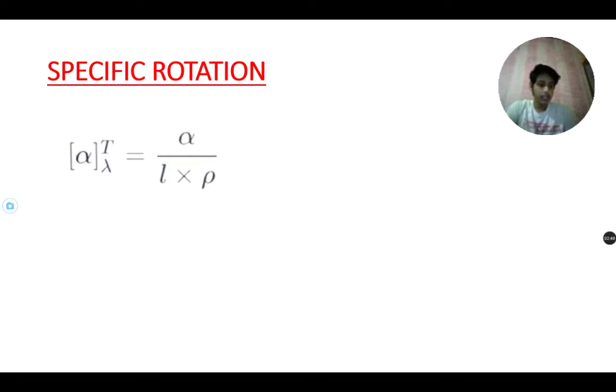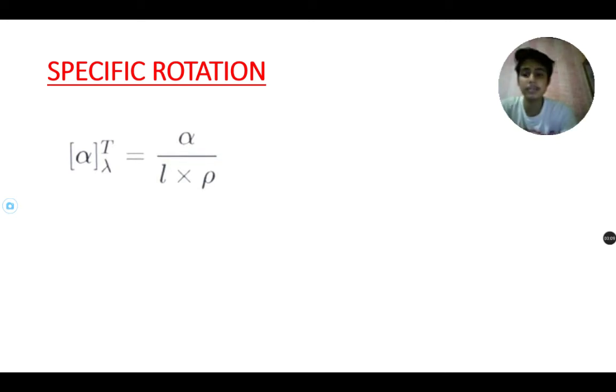Just listen. When L and rho are fixed, then the alpha value becomes standardized, and hence this is called a specific rotation. When there is a standard value of alpha, that is called a specific rotation.